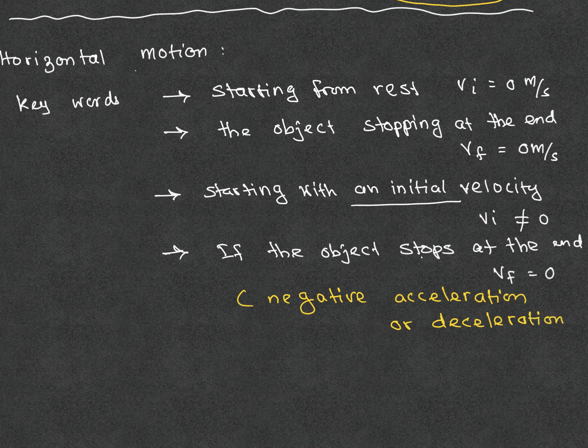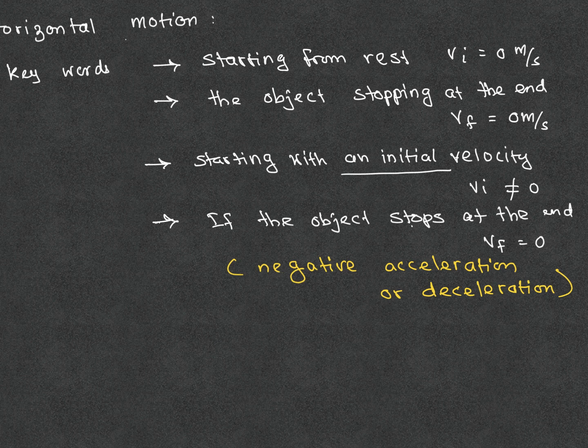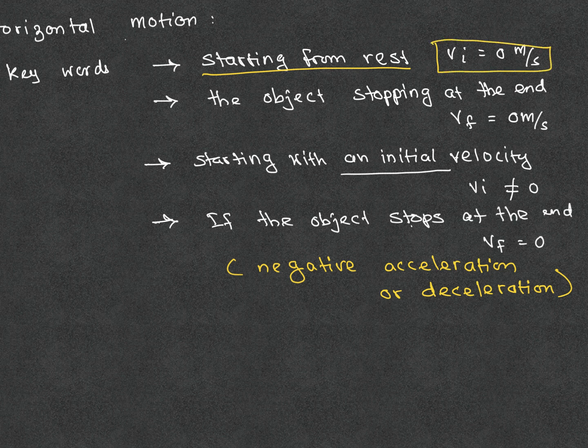It is a deceleration. So just don't be the followers of these equations. Read the problem, understand the problem, and if you see these types of keywords, starting from rest, then initial velocity equals 0; the object stops at the end, then the final velocity is 0; starting with an initial velocity means initial velocity is not 0.